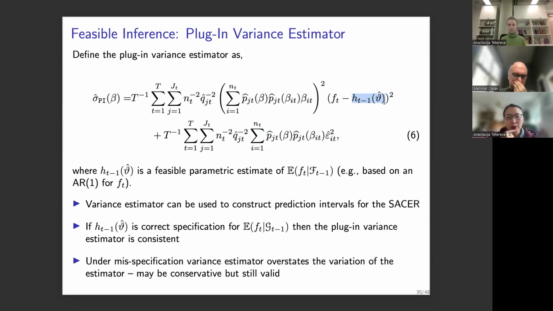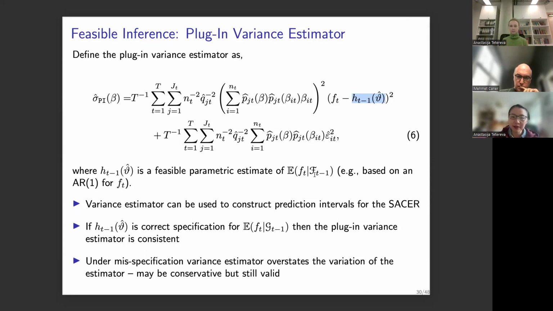This is our plugin approach. Just a common remark is that we are kind of against putting a specific data generating process for FT. However, when we estimate this conditional expectation for the variance, we use a feasible parametric estimate. Say you can put an AR1 model, and then plug in this parametric form.